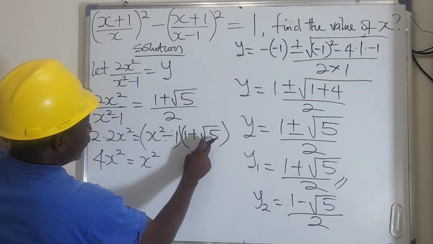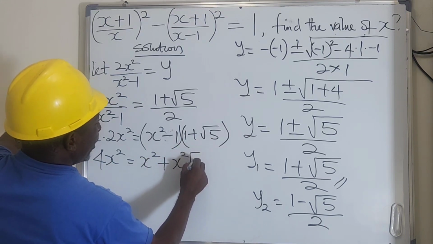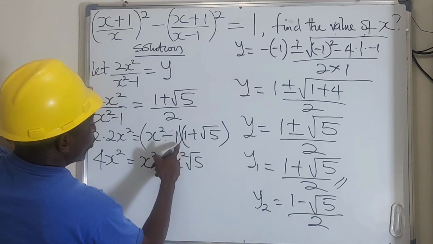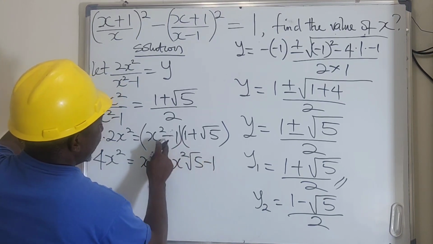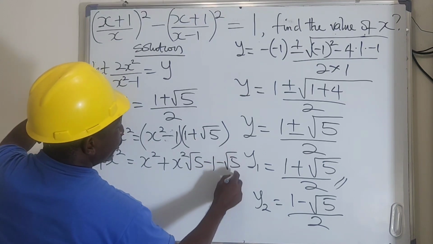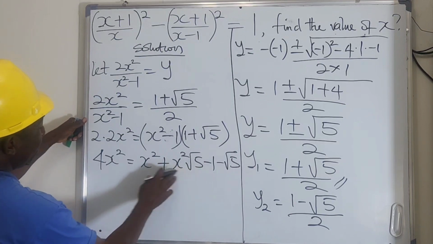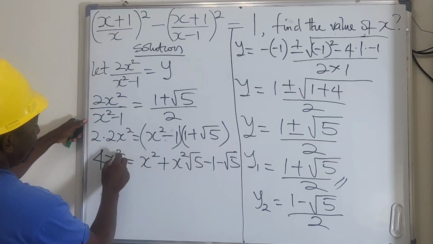X squared times root 5 will give us plus x squared root 5. Now minus 1 times 1 will give us minus 1. Then minus 1 times root 5 will give us minus root 5. So this is what we have. So we further simplify this. So we transpose this to this other side.